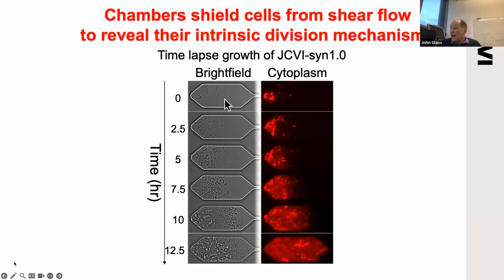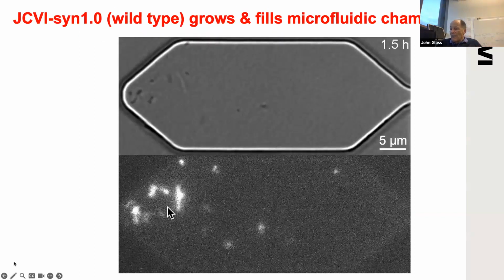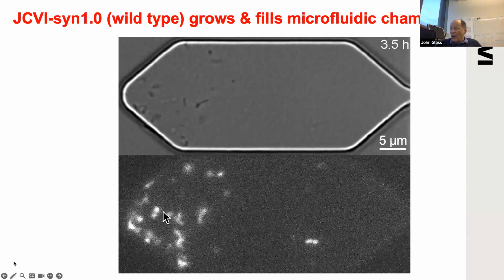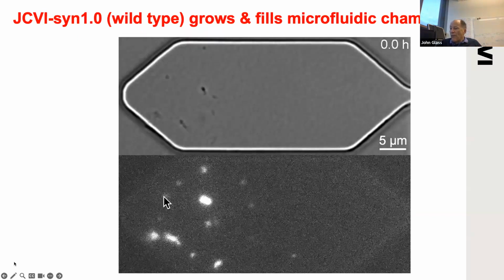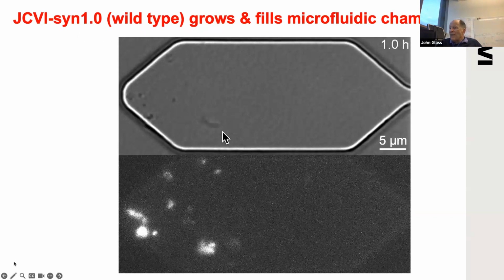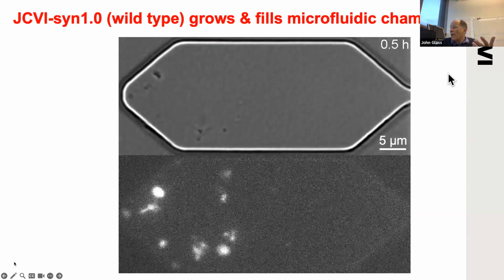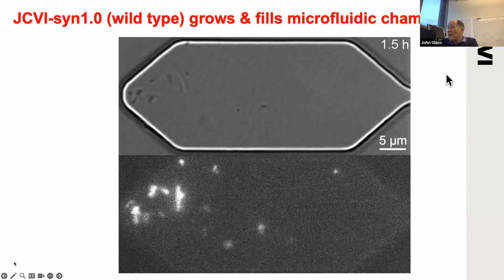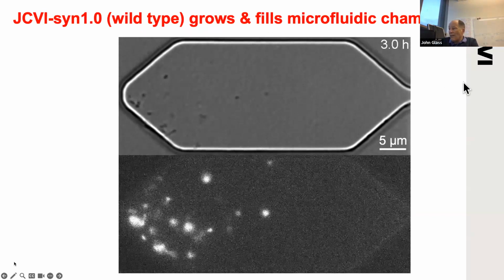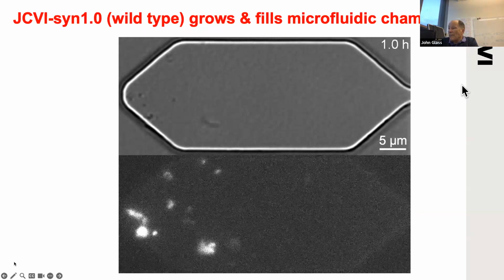And so you can see the time, and this is sort of what we expect. Here's a video. Again, M cherry, the fluorescent things, but these are 400 nanometer spheres, and they gradually grow and fill up the chamber over about 13 hours. This is what we expected.